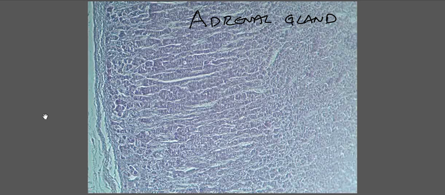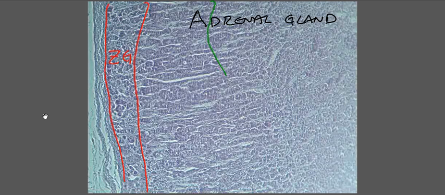Now, so, all right, here is one sort of layer here, right? What is this? Zona glomerulosa, right? I'm gonna put just ZG, right? Here you got another one.